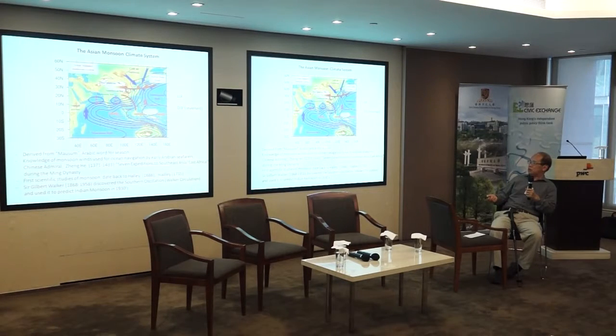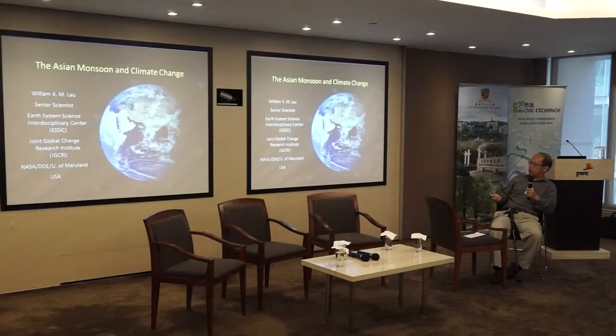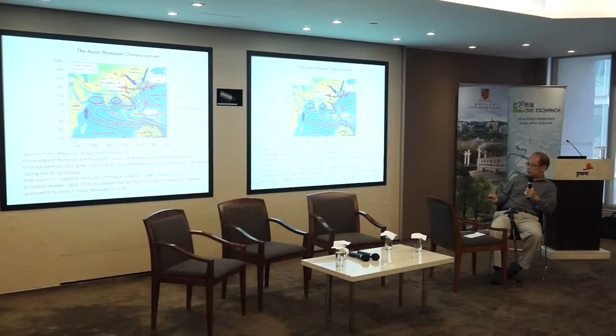And then if you think back about more quantitative study, the first study of monsoon dates back to Halley, 1686, an Englishman. George Hadley, also an Englishman, 1735. And the modern-day study of monsoon started from Sir Gilbert Walker, 1868 to 1958, and he actually discovered the Southern Oscillation.